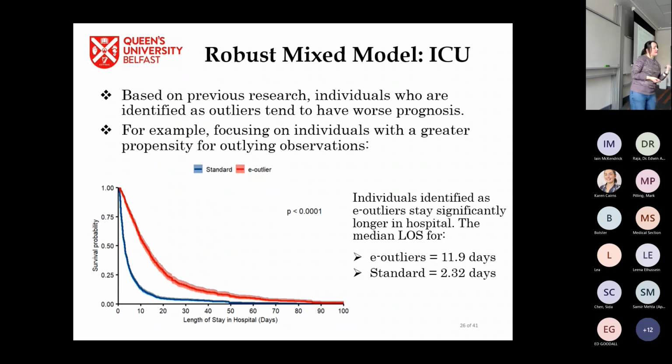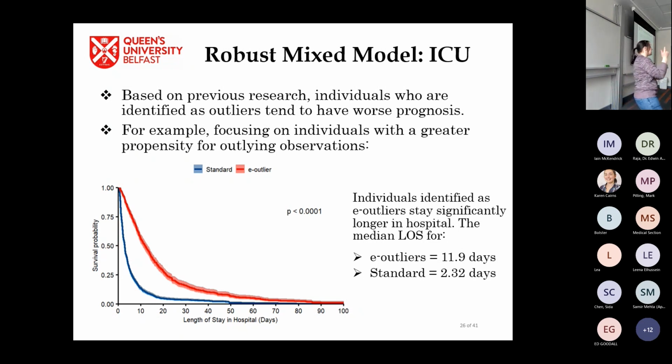In the ICU analysis example, if we look at the Kaplan-Meier curve given here for E outliers, we can see a significant difference between individuals identified as E outliers, given by the red curve, and those identified as standard patients, given by the blue curve.